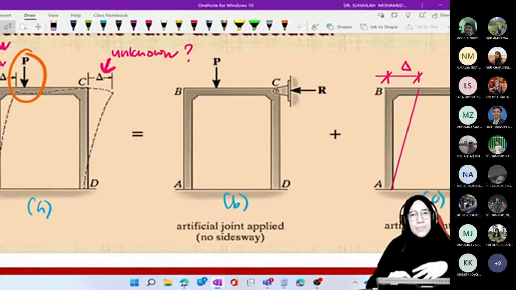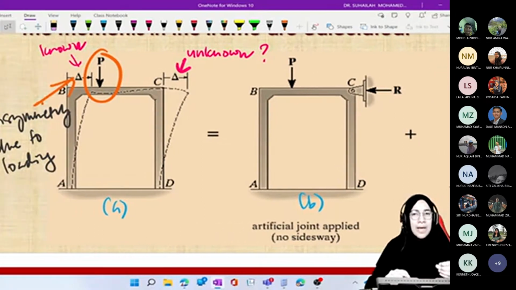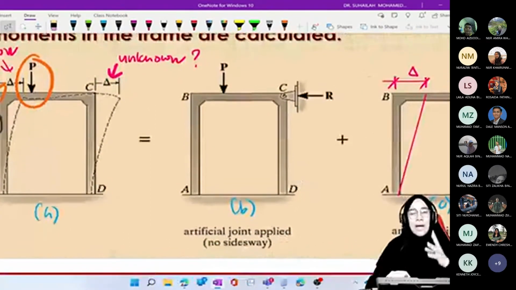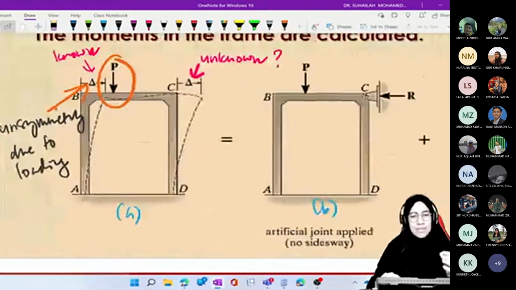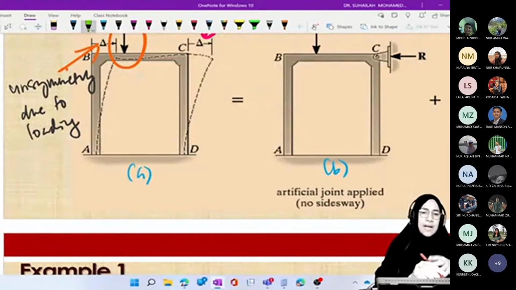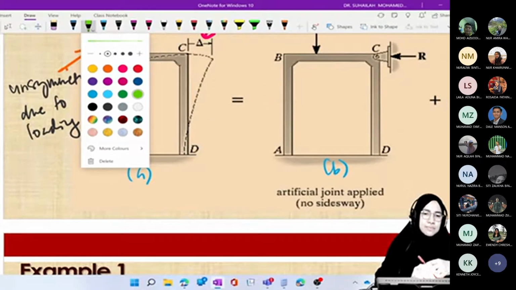We have to make the original frame a properly restrained frame, because we cannot make it symmetry as the loading is unsymmetry. So what we can do is change the condition from unrestrained to properly restrained. The first diagram A is the unrestrained frame.